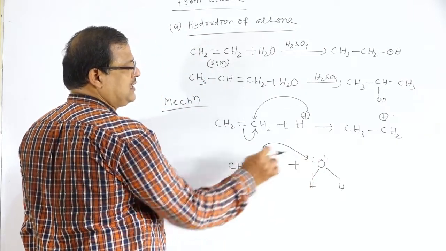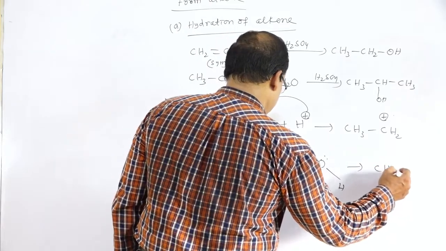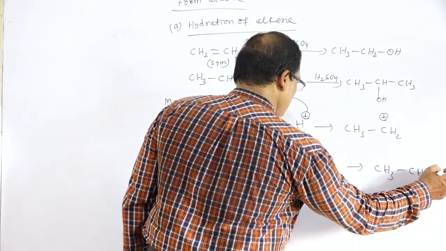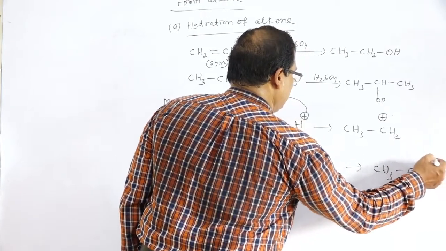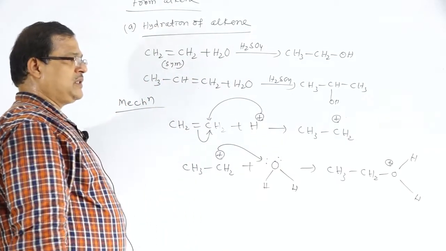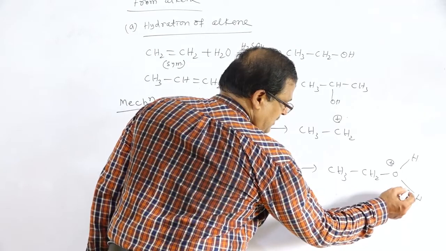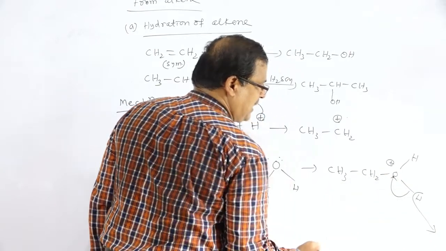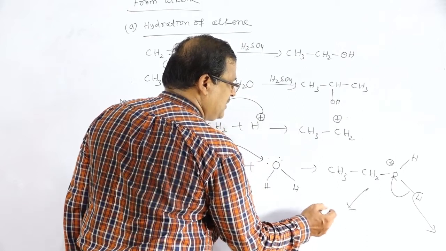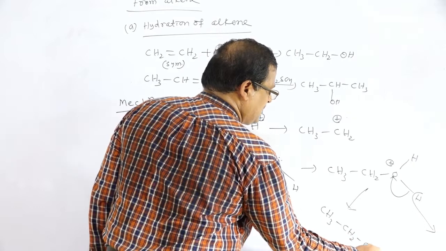So this positive charge will be attacked by it, forming CH3 CH2 OH, where the oxygen atom acquires a positive sign because of its trivalent nature. Again this bond will be shifted, and H is removed as H plus ion. So there is the formation of CH3 CH2 OH plus H plus.